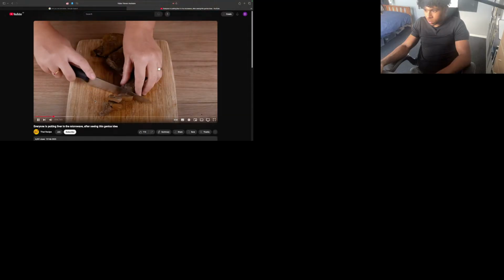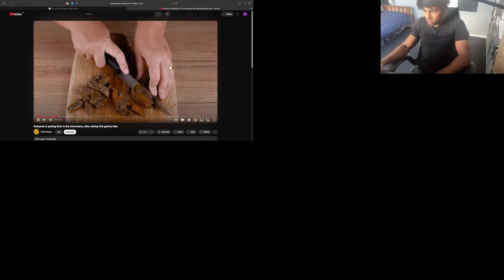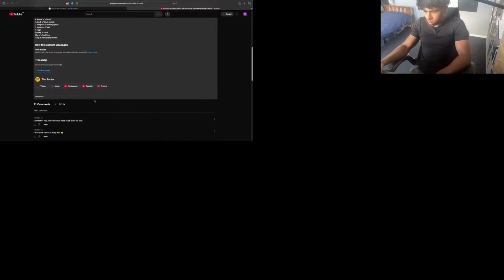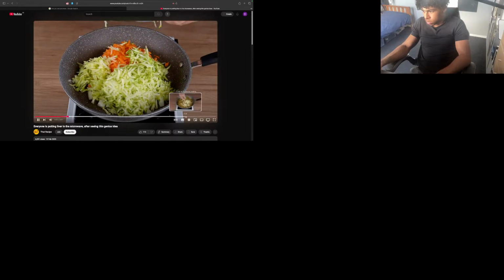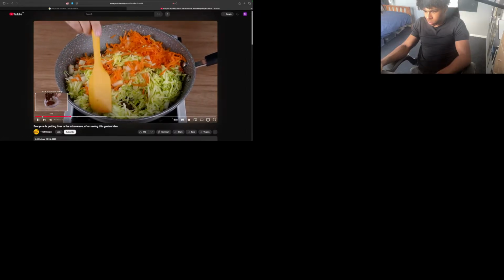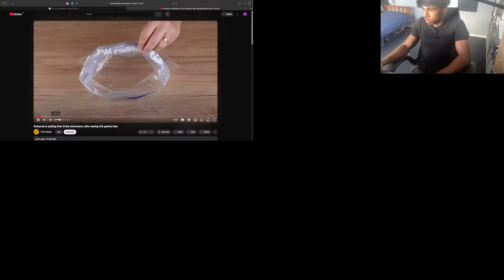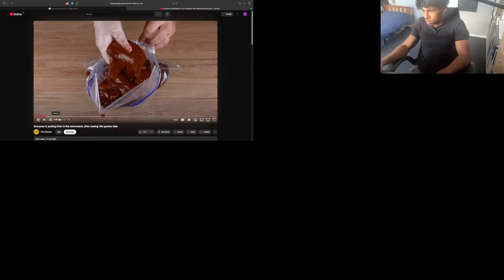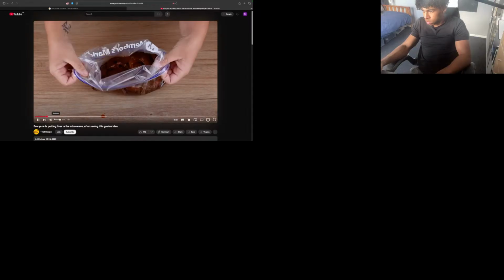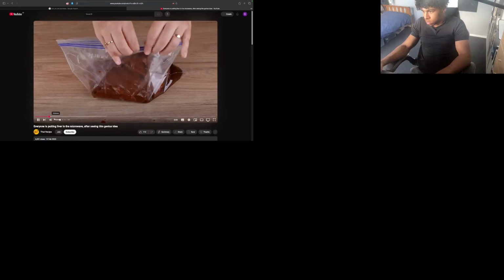Sorry, I'm just curious. Now cut into smaller pieces and set aside. After doing that, in a large skillet over medium to low heat, add a drizzle of olive oil, a small onion chopped into cubes, a medium grated carrot, a grated zucchini. Start by placing 800 grams of beef liver in a Ziploc bag. Then, place it in the microwave and cook it on high power for 7 minutes.